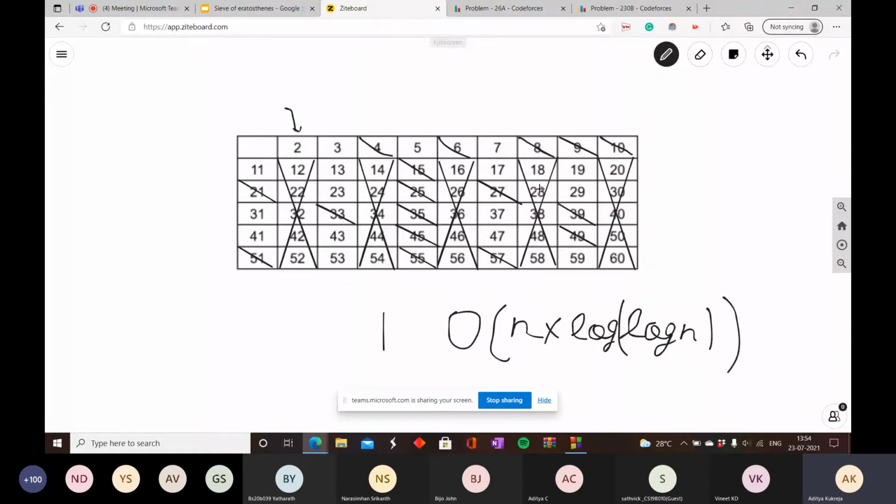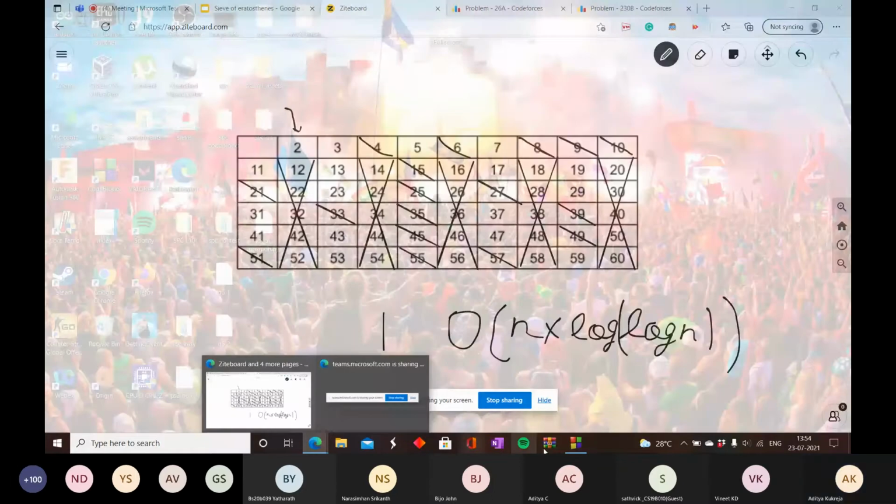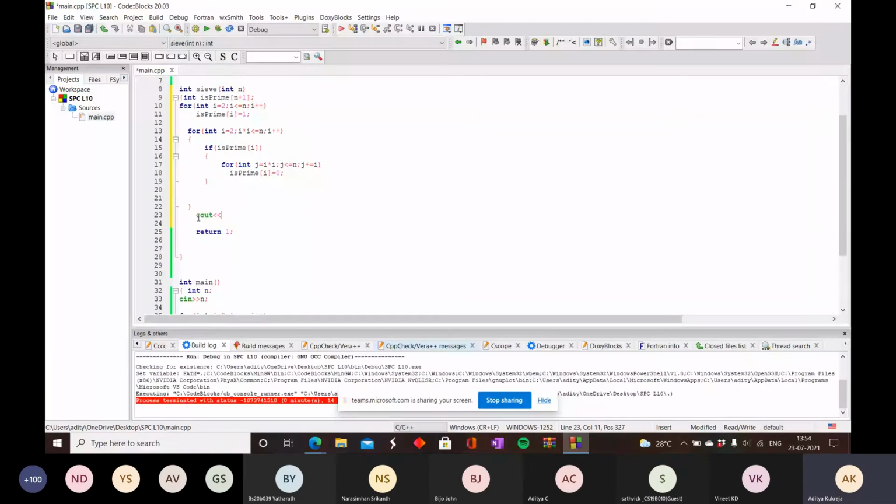So now all you have to do here is, once you finish both these loops, you just need to print out, not print out, first you have to check whether the number is prime or not. So first we'll make a for loop for int i equal to 2, i less than or equal to n, i plus plus.